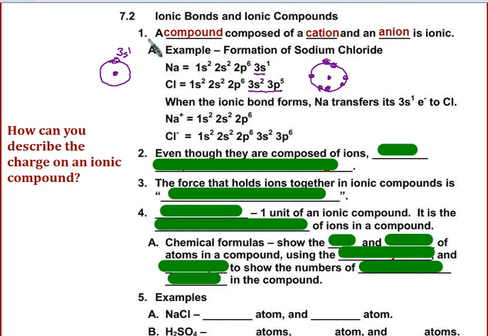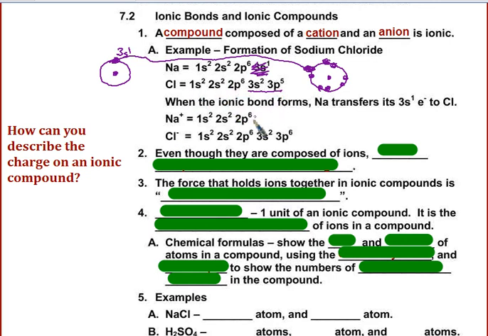When the ionic bond forms, this 3s1 electron goes and hooks up right there to chlorine, leaving sodium with 1s2, 2s2, 2p6, and chlorine with 1s2, 2s2, 2p6, 3s2, 3p6.